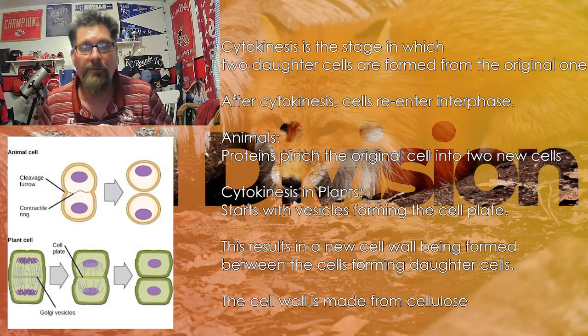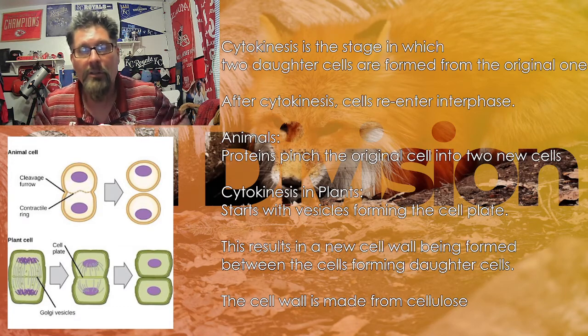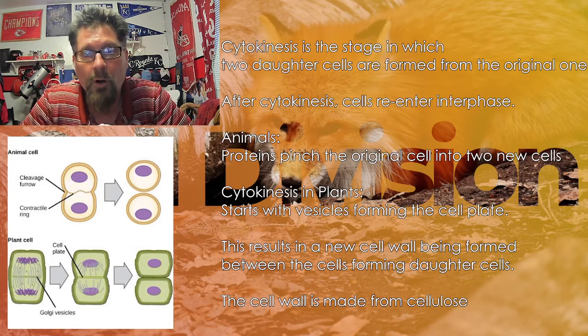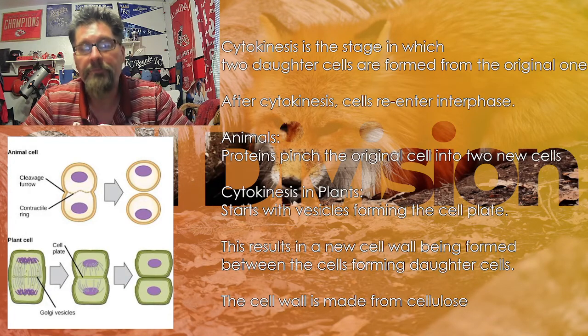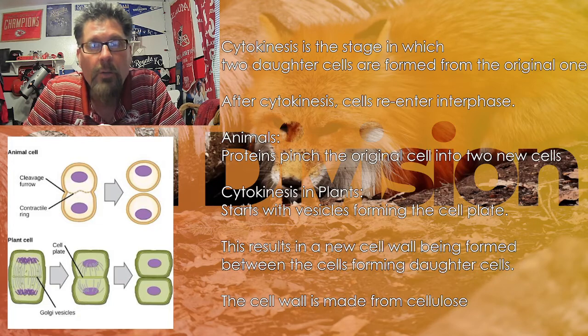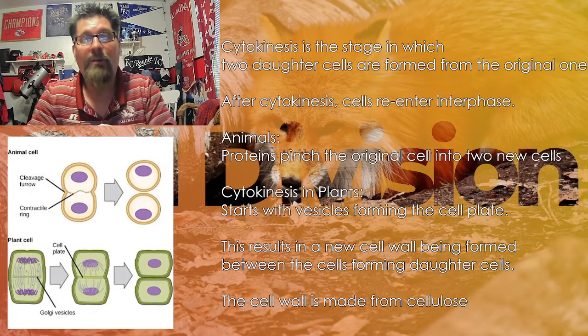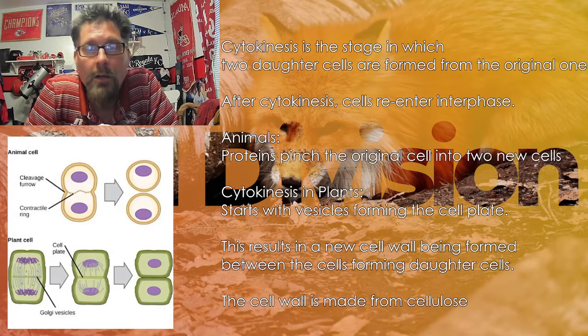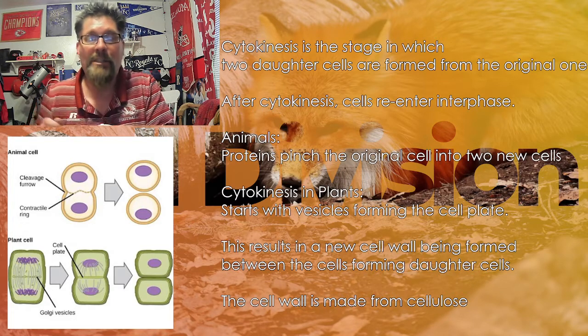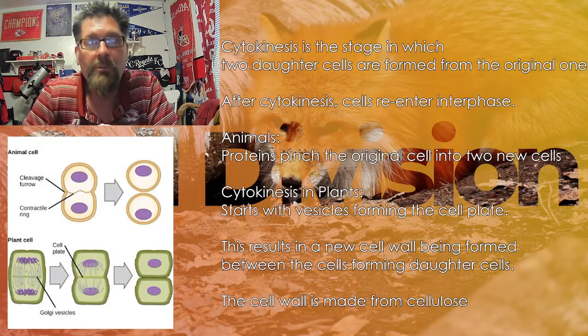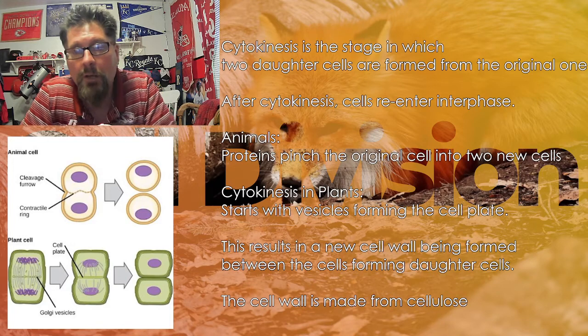Plants are a little bit different because of the rigid cell wall and the process that has to become. When we talked about organelles and the plasma membrane, we talked a lot about vesicles, especially the ones that come out of the Golgi apparatus, which have stuff inside of them that is being shipped around the organism.